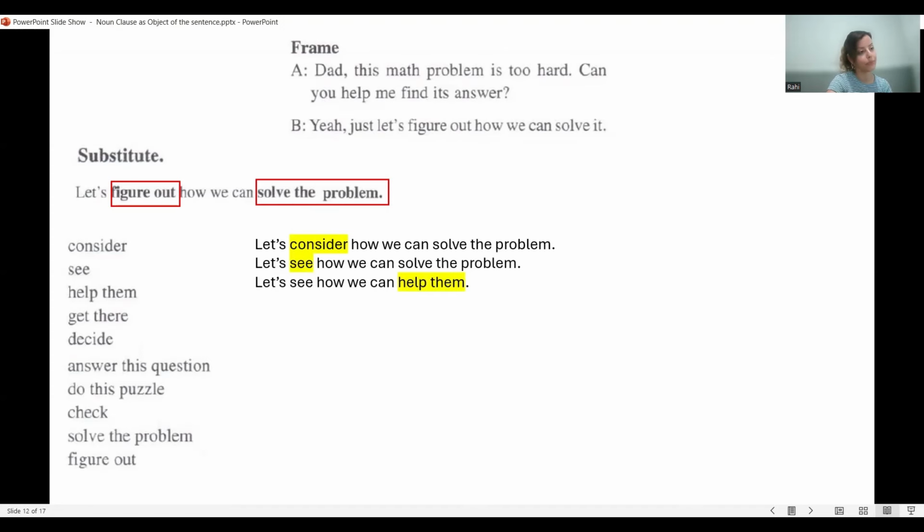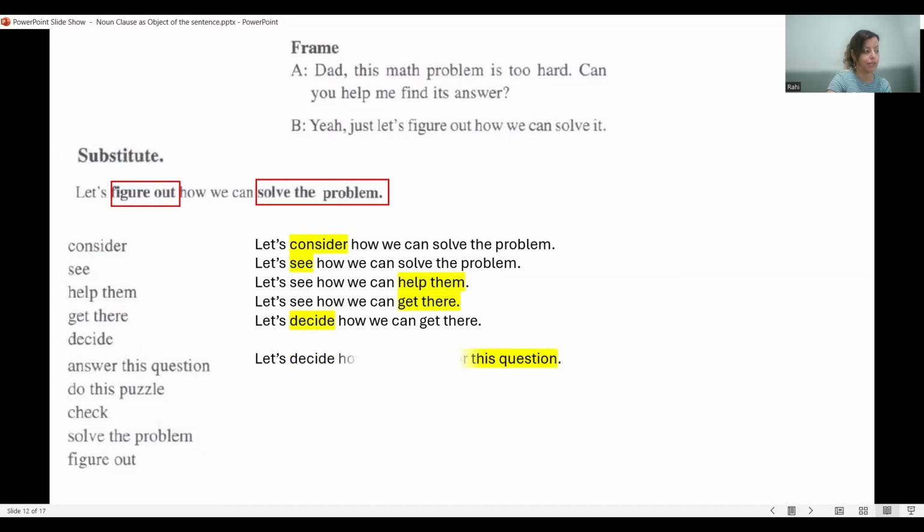Get there. Let's see how we can get there. Decide. Let's decide how we can get there. Answer this question. Let's decide how we can answer this question.